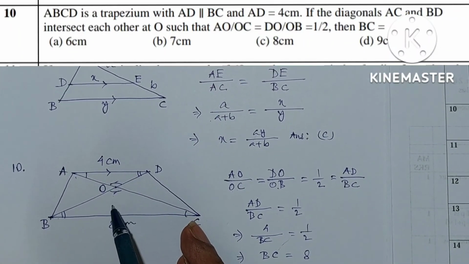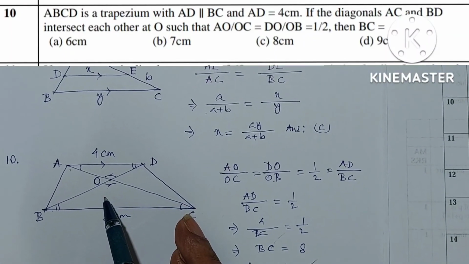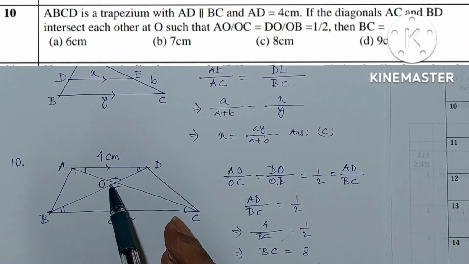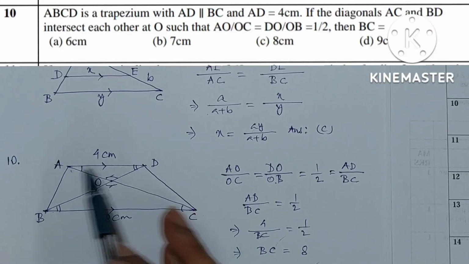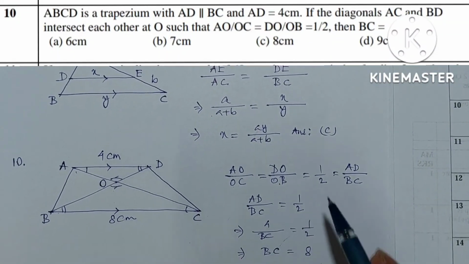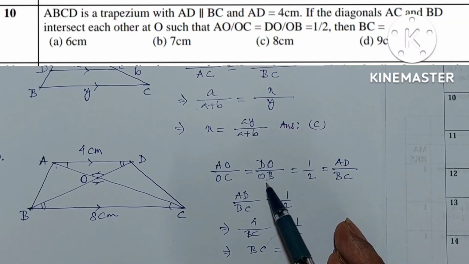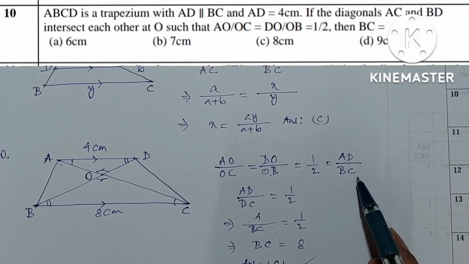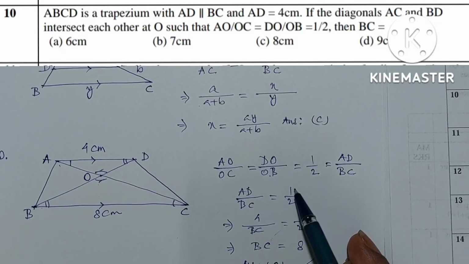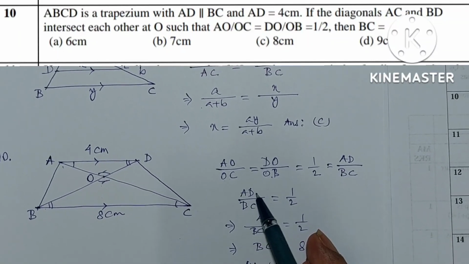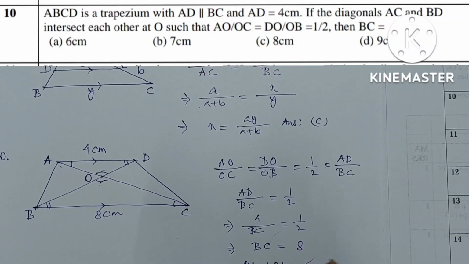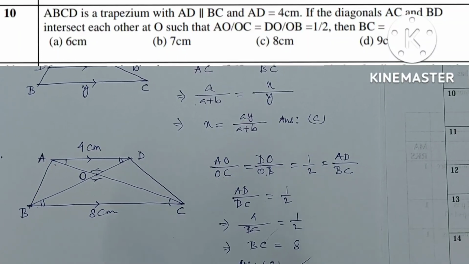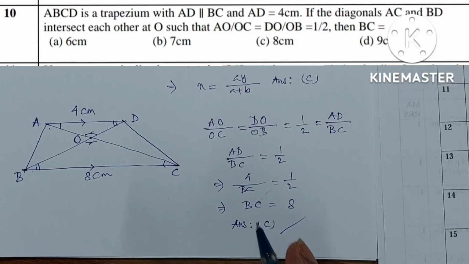Since these two triangles are similar to each other, the ratios of their corresponding sides are the same. So AO by OC equals DO by OB equals half equals AD by BC. So AD by BC equals half. Since AD is given as 4 cm, BC is 8 cm. So your answer is option C.